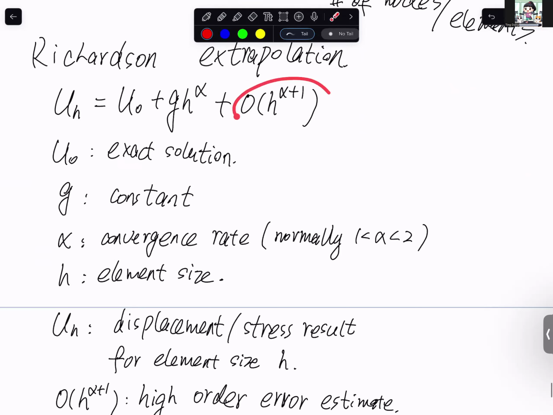I add this term here just for completeness of this equation of this model.